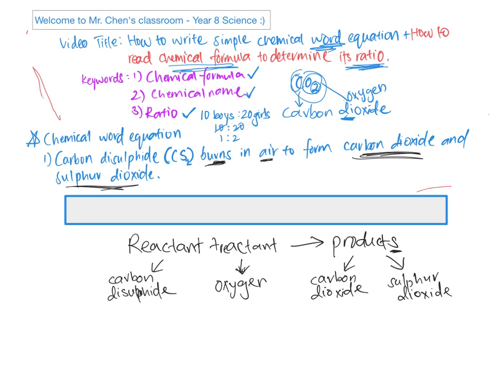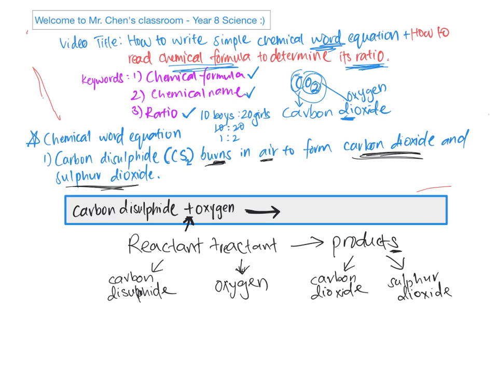So your word equation will look something like this. Carbon disulfide plus oxygen. You need to use the plus, okay? Remember to use this plus because it means those two undergo a chemical reaction, and you need to use this arrow.